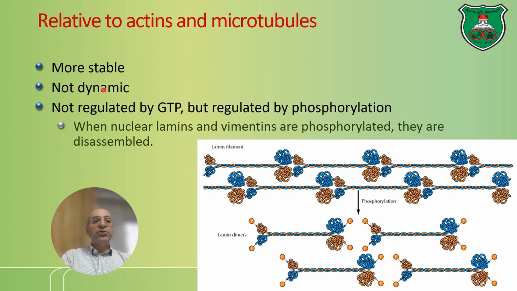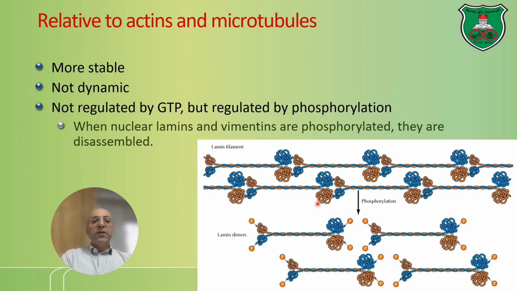They're not changing. They're not regulated by GTP. Rather, they're regulated by phosphorylation, like lamins and vimentins. And this phosphorylation results in the dissociation of the filaments.